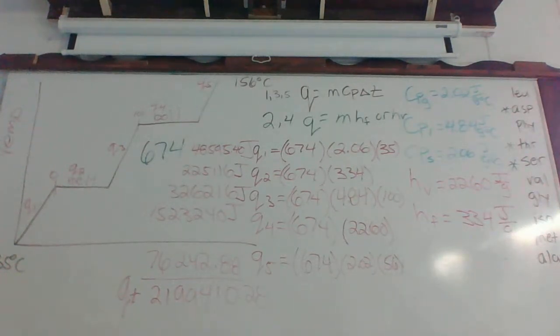Then it goes on to talk about the specific heat of liquid copper, which is 0.385 joules per gram degree Celsius. The specific heat of gaseous copper is 0.314 joules per gram degree Celsius. The heat of fusion is 210 joules per gram. The specific heat of solid copper is 0.396 joules per gram degree Celsius.